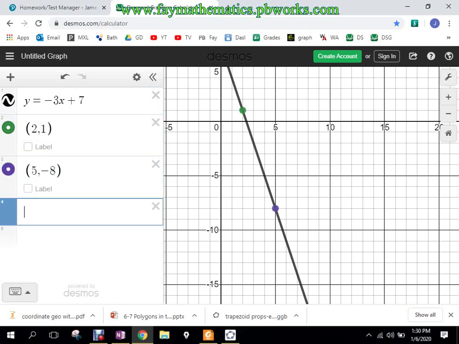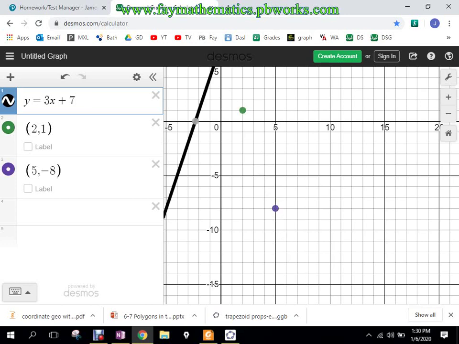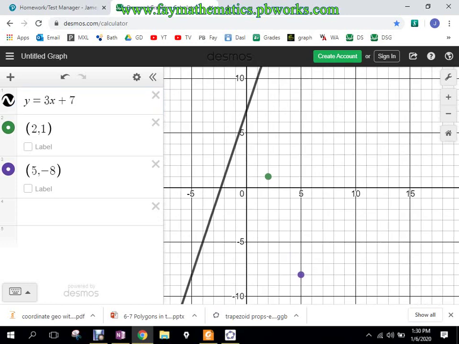Do they both show up on that line? That make sense? And if they're both on that line, that guarantees me that was the right equation. Okay? If I would have had something like this, do those 2 points show up on that black line? No. So that tells me that equation is wrong, right? It's not the equation that was to be created with that given information.